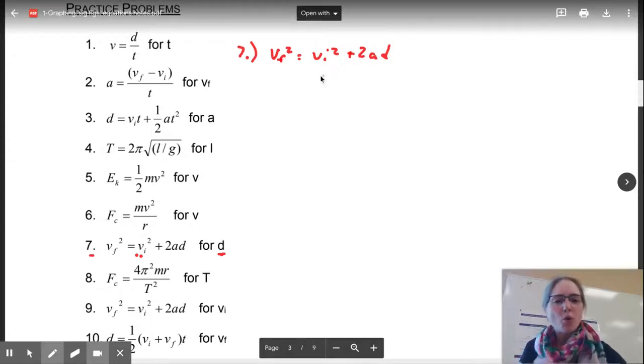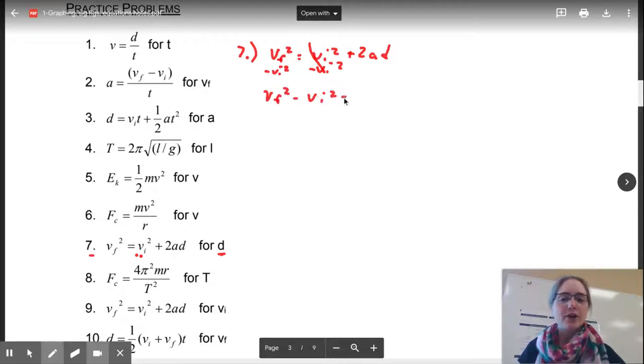Now we're going to move over Vi squared. Because this is a plus sign, we need to be subtracting here. So we minus Vi squared from both sides. That cancels, and we have Vf squared minus Vi squared is going to equal 2ad.